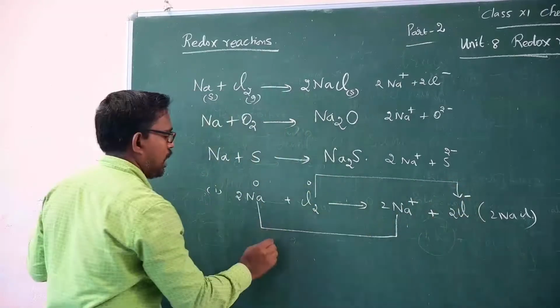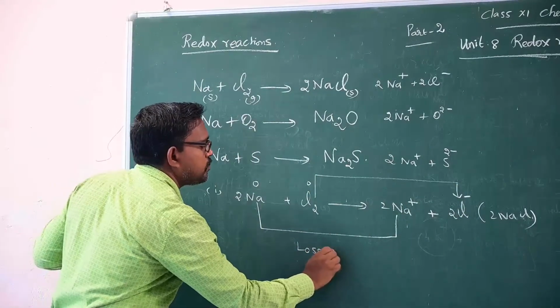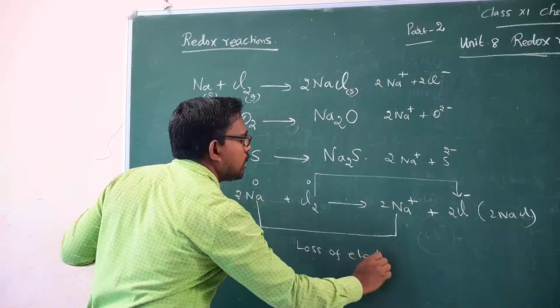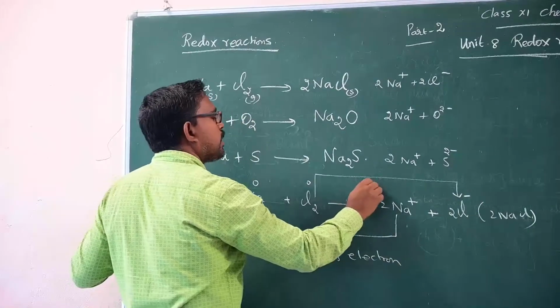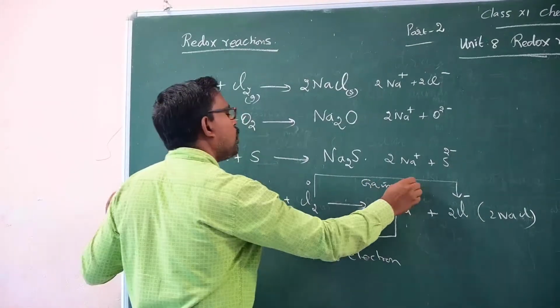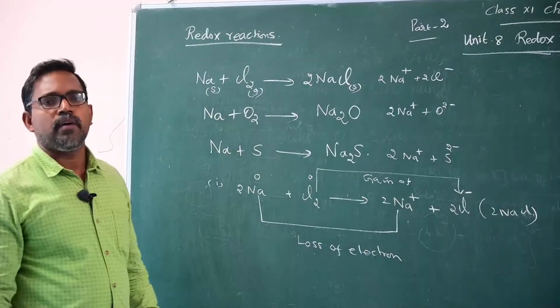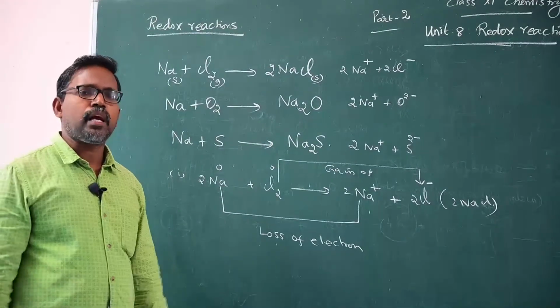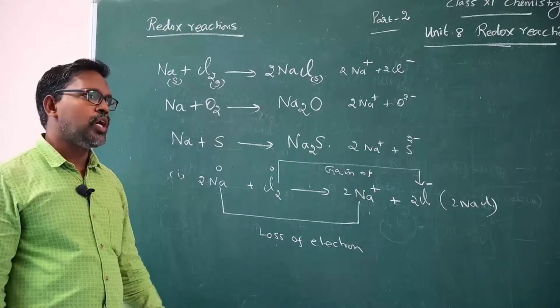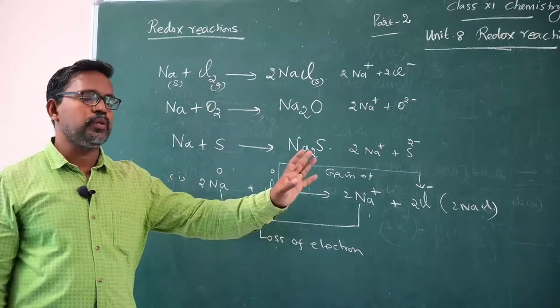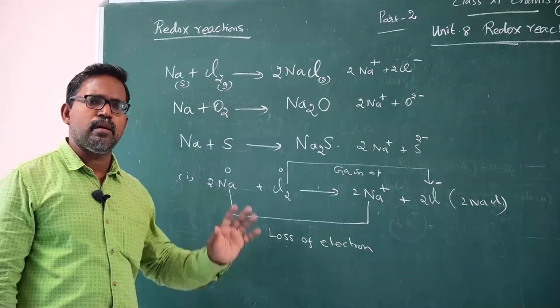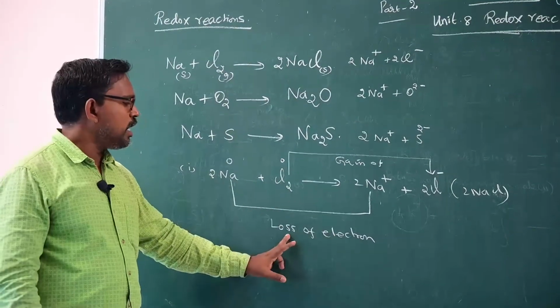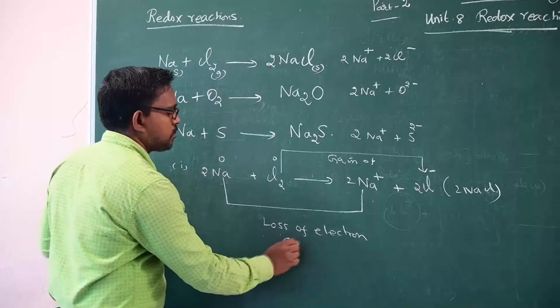So, loss of electron here, gain of electron here. The electronic concept of oxidation and reduction simply says that in any chemical process, when any element changes from one state to another state by loss of one or more electrons, that is called oxidation.